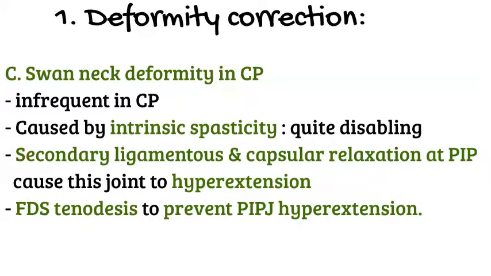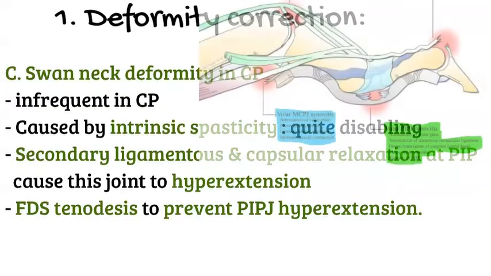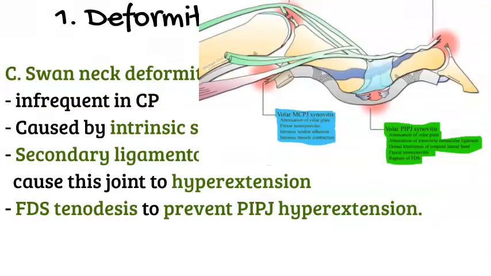Flexor digitorum superficialis FDS tenodesis is done to prevent the proximal interphalangeal joint hyperextension. As covered previously, the illustration shows the causes of the formation of the swan neck deformity due to volar proximal interphalangeal joint synovitis and volar metacarpophalangeal joint synovitis.